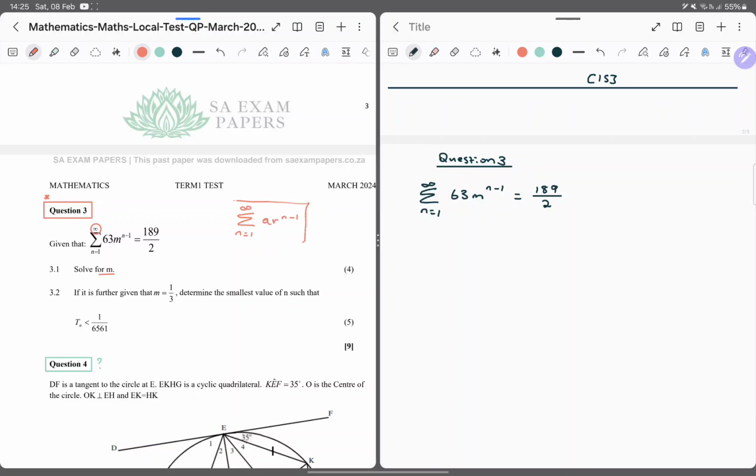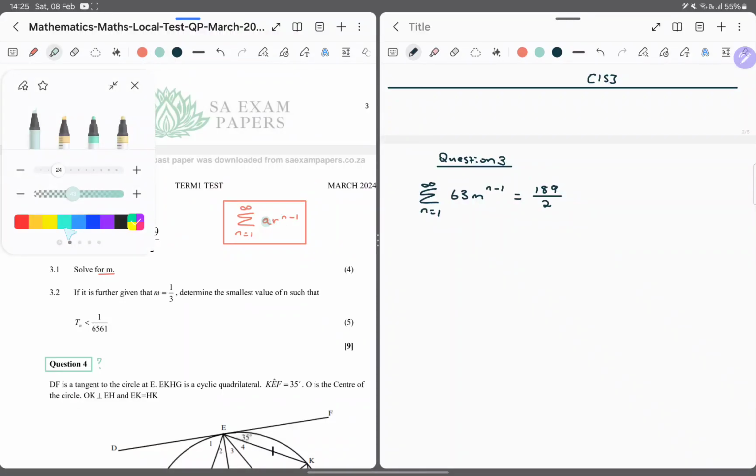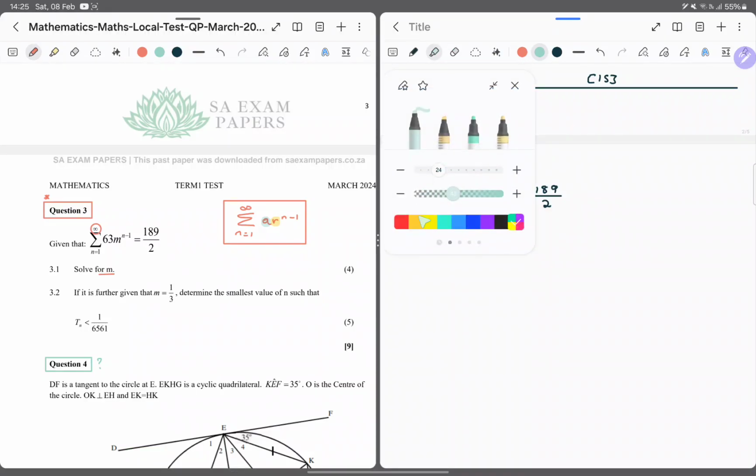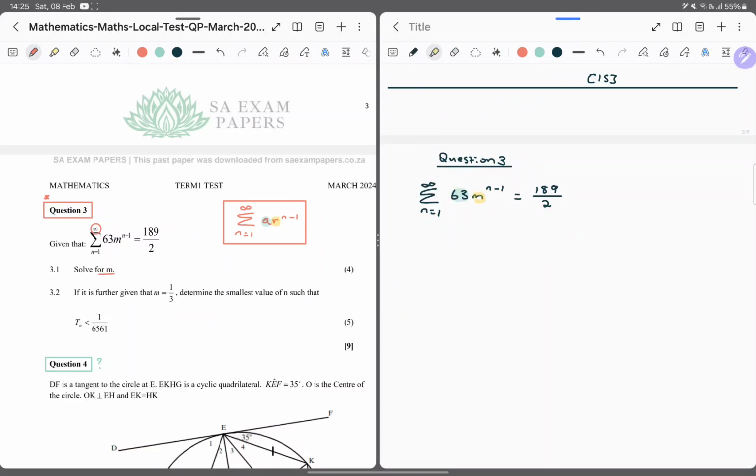So this is how we write in sigma notation. It's always going to be the sigma sign to suggest that each term is added to the next. Then this is where we start in our general formula, and that's where we go. But remember, this is a, the first term. This is r, the common ratio. So if we compare, we will see that we still have the same story here. This is a. Now that means m should be the common ratio.